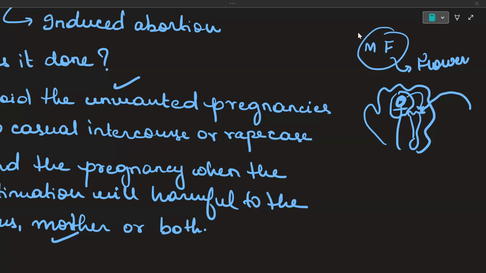Can you tell me two examples where anemophily happens? I don't remember the examples. Maize and wheat. Okay. Now tell me, what are the special characteristics of the plants that are pollinated by insects?